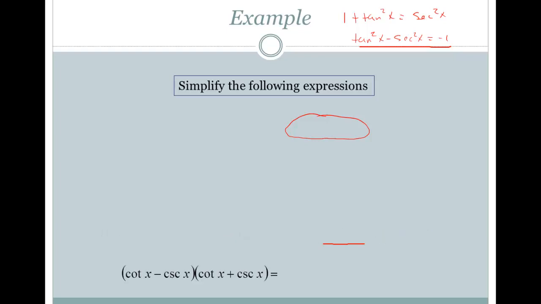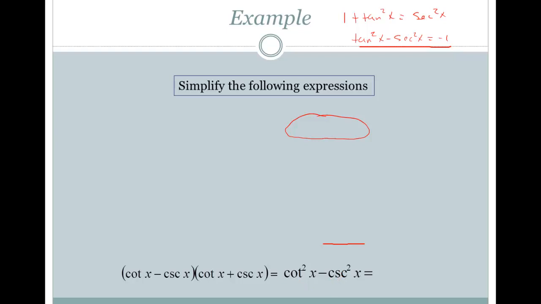Let's do one more. Again, I would use the same strategy that I did before. Let's FOIL that out. I got cotangent squared x minus cosecant squared of x. That's similar to this. It's the same idea. It's just with cotangents and cosecants.